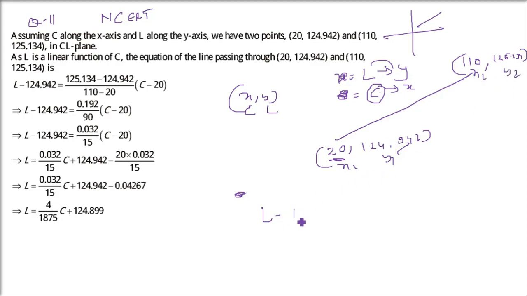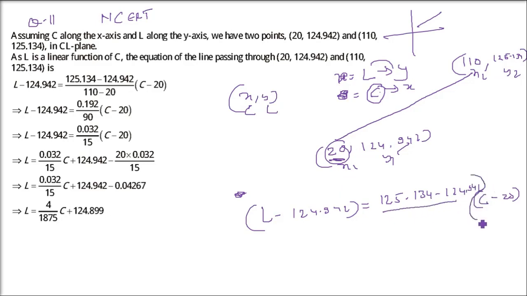So L minus 124.942 equals x minus x1, so C minus 20, multiplied by y2 minus y1, 125.134 minus 124.942, divided by 110 minus 20, which is 90. All these things are in front of you, just need to resolve it. This is the equation you are going to get.